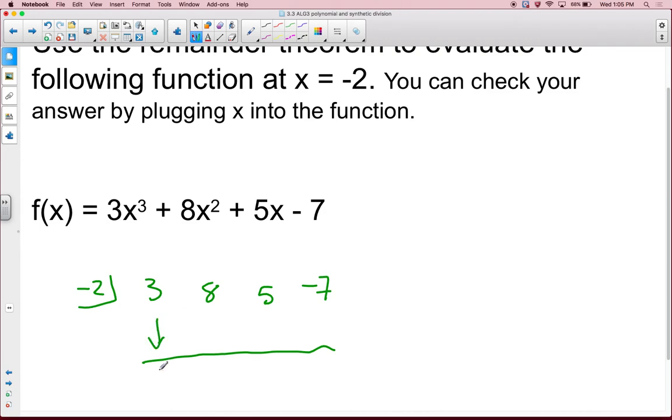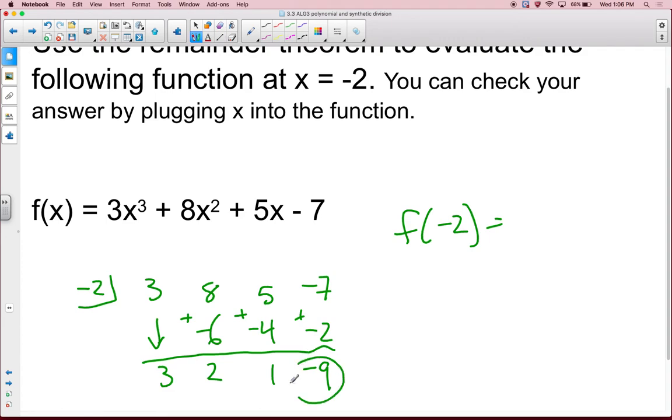We bring down the 3, we multiply, we add, we multiply, we get -4, add, 5 minus 4 is a 1, multiply, -2 times 1 is a -2, and then we add, we get a -9. So therefore, f of -2, what we just used, is equal to the remainder, the last number, -9.